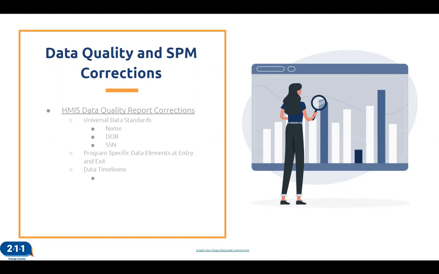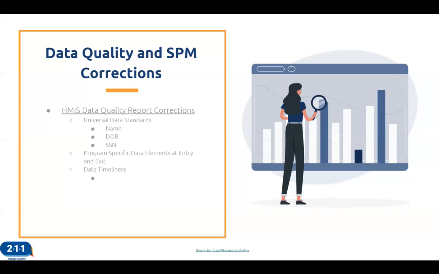Data quality report cards or corrections will include universal data standards, which includes name, social security number, date of birth, race, ethnicity, gender, etc. We also have program-specific data elements for entry and exit, and then also data timeliness. And then data timeliness, by HUD standards, data must be entered within 3 days from when the data was collected.